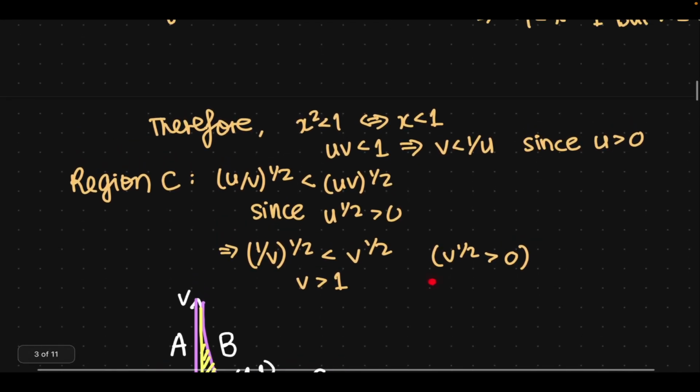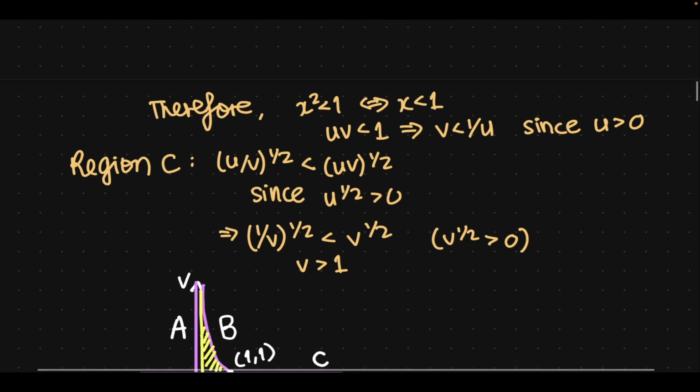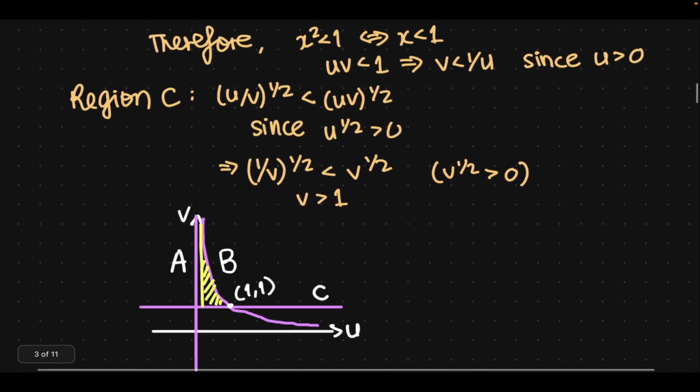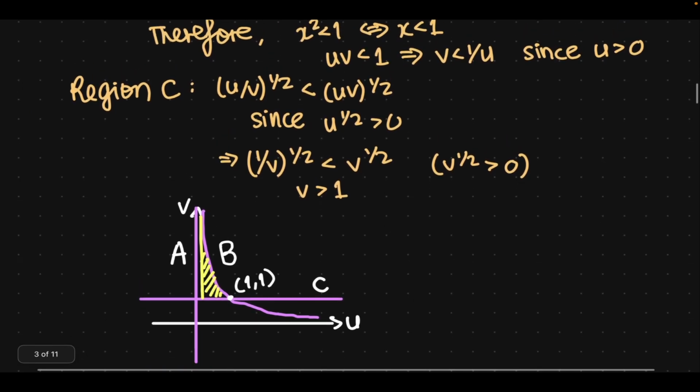The signs are important. We needed to be careful throughout the steps because these are inequalities we're dealing with and not equalities where we can just take the sign for granted. If we multiply by a negative, we flip the sign of the inequality. That's why. And now armed with all these facts, we can draw a sketch of the region in the UV plane.